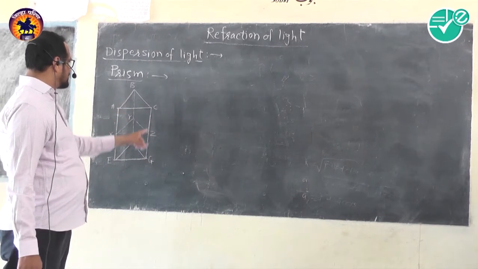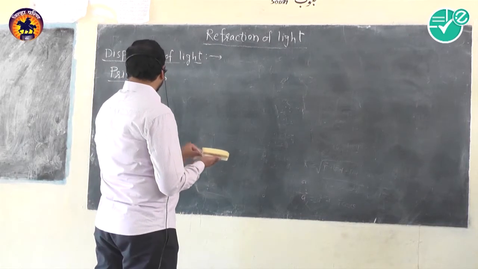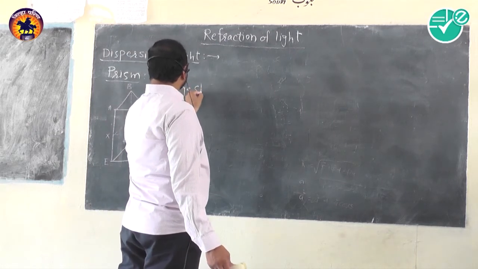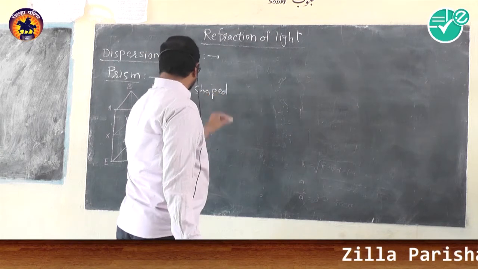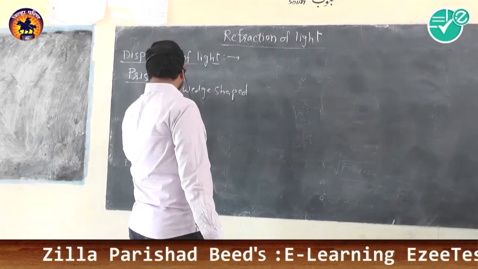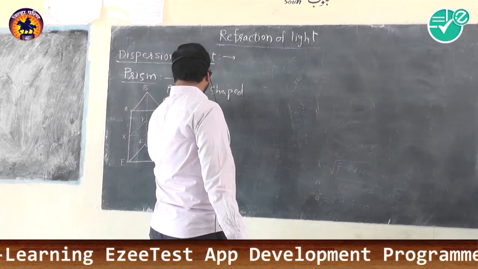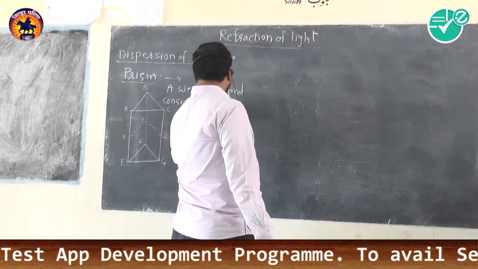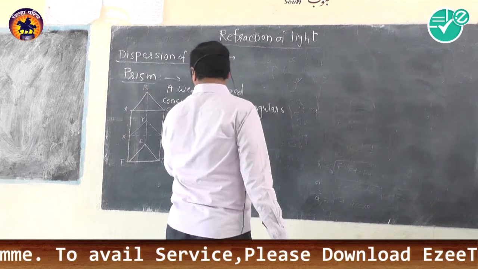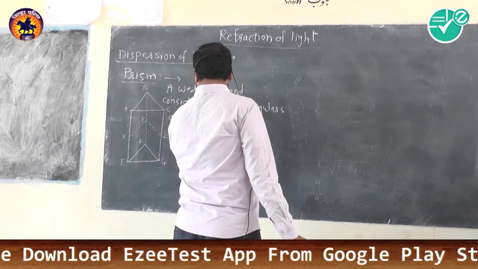The structure of the prism is given here: it is wedge shaped. It is a transparent medium which consists of 3 rectangular and 2 triangular surfaces.